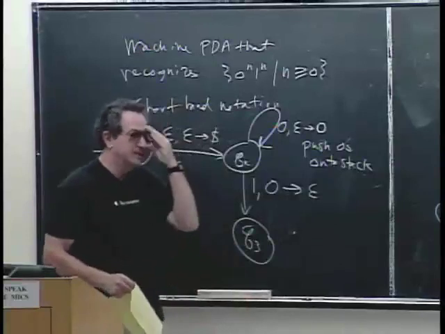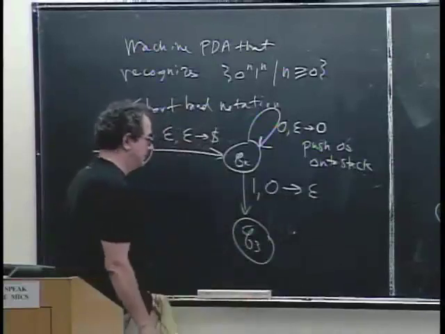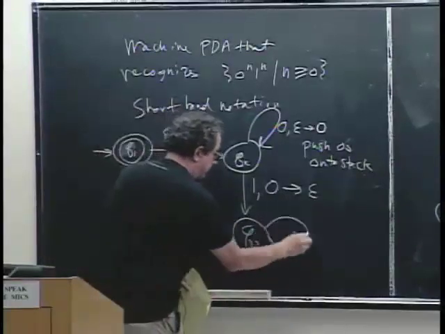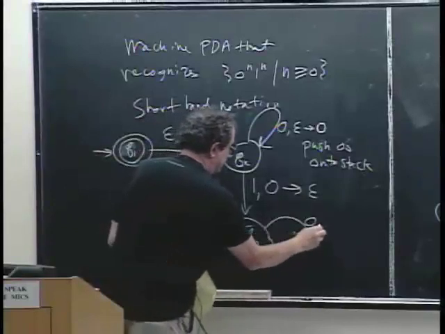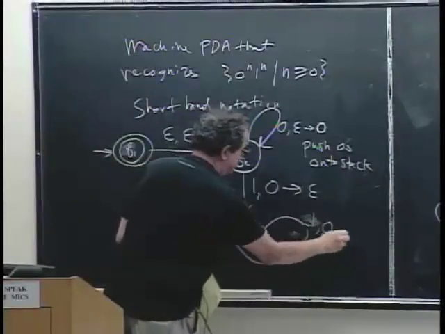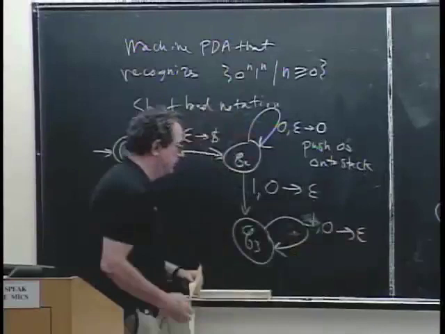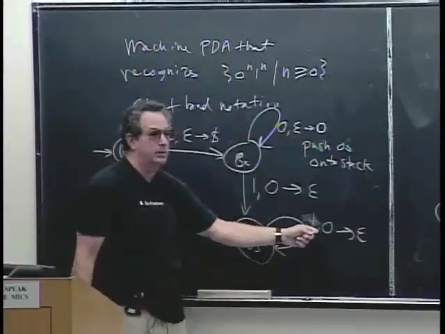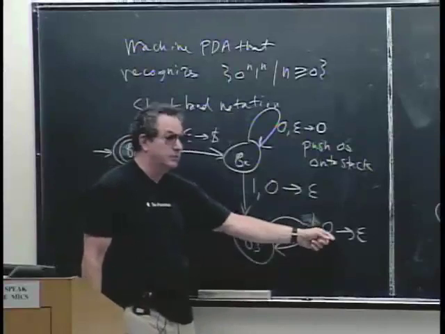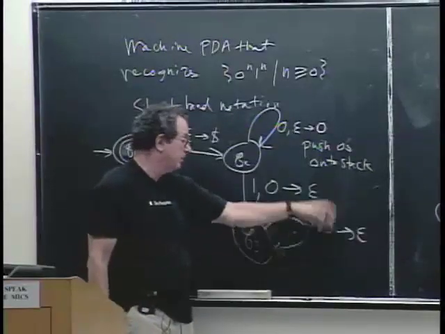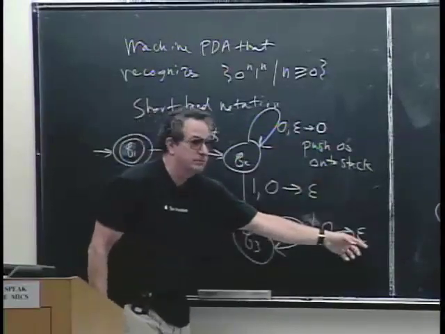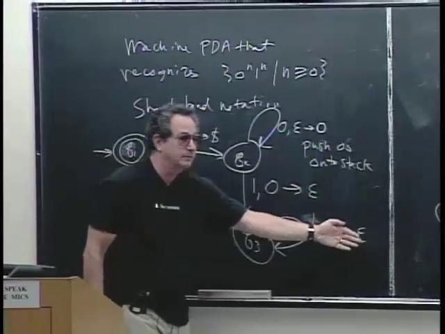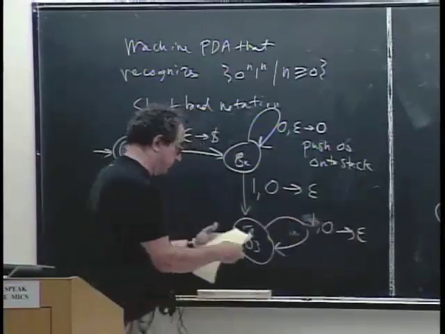Keep popping zeros as long as they're on the stack. Yeah, right. We're going to do the same, 1, 0 goes to epsilon. So again, what this is doing is, as long as you're seeing a 1 in the input, and as long as there's a 0 on the top of the stack, you're popping the stack and just popping the stack. You're not writing anything. So that keeps going for a while.